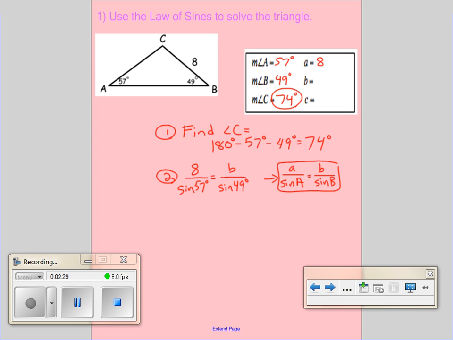When we cross multiply, we get sine 49 times 8 equals sine 57 times b. To solve for b, we divide both sides by sine 57.